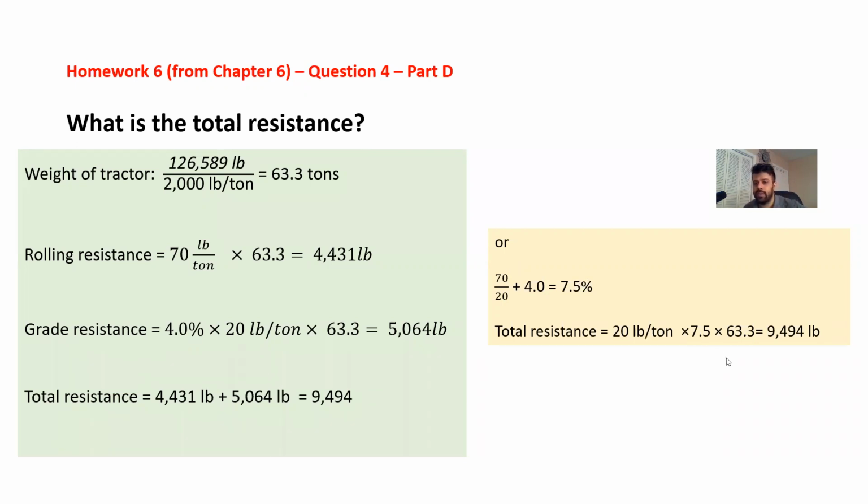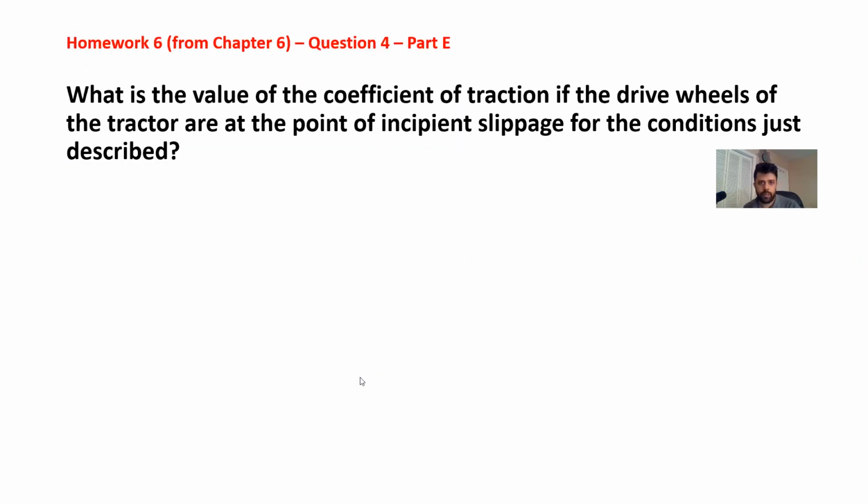So we can use this rule, okay? So we simply multiply 7.5 by the weight of the equipment in tons, and the number 20, which is the constant in this equation, okay? It gives us the same exact number, as you can see. So either way, we could find this number.